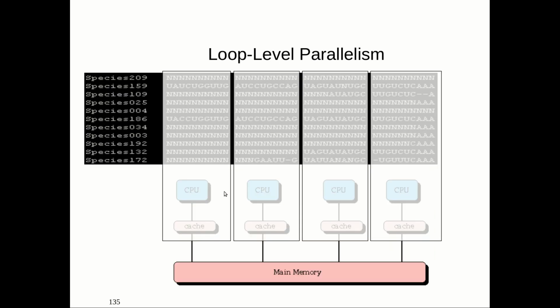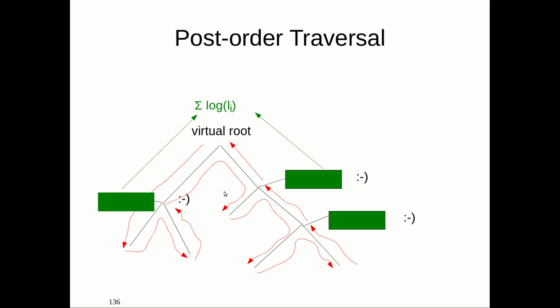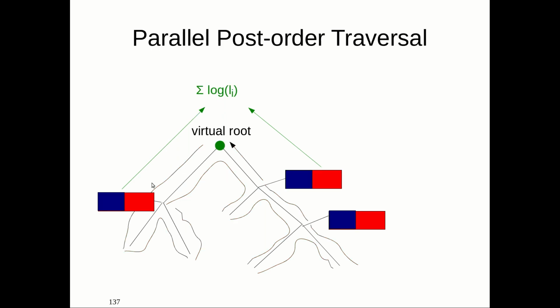But actually we don't really need that. We need fewer synchronization points. Here again is our post-order traversal of the tree, and once again we're splitting up the data among 2 threads. The question is, when do they actually need to synchronize?